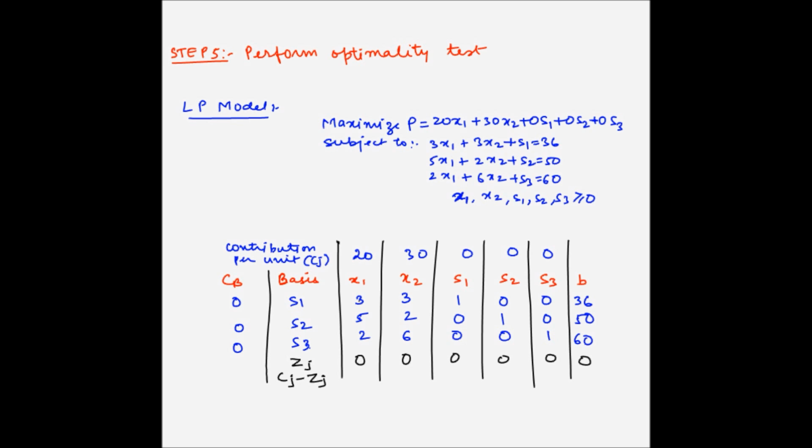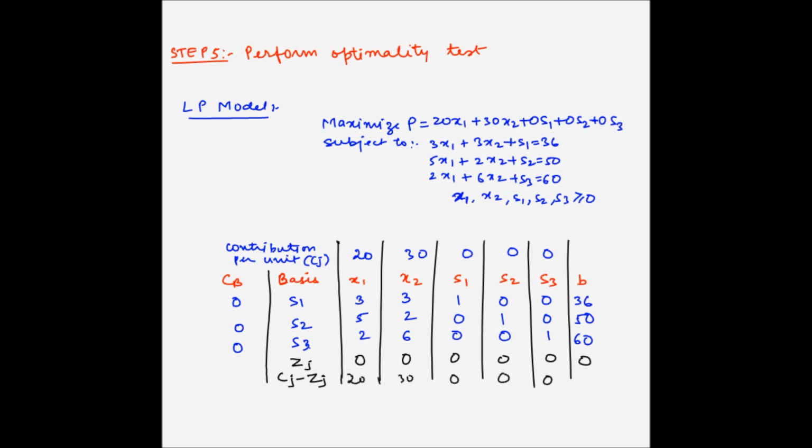And the Zj column indicates the loss in profit if one unit is added. So if we subtract the Zj value from the Cj value, we get the net profit. So 20 minus 0 is 20, 30 minus 0 is 30, 0 minus 0 is 0, 0 minus 0 is 0, 0 minus 0, 0.